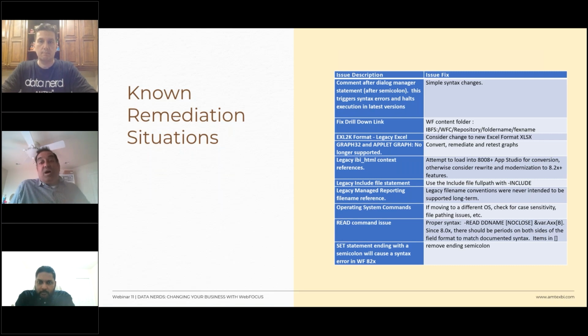Those are the most commonly occurring failures. So what we've done through our experience is capture the different types of problems that occur, and in tandem with the assessment tool we talked about earlier, we've also captured an issue fix mechanism. And again, if we need to have a deeper conversation around it, we can certainly engage in that.